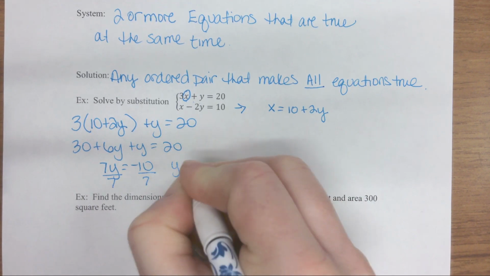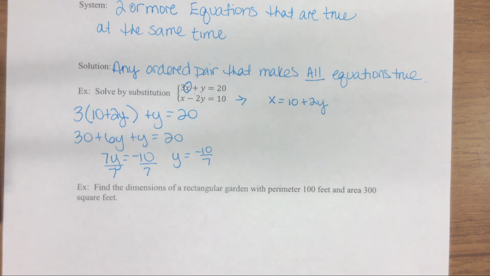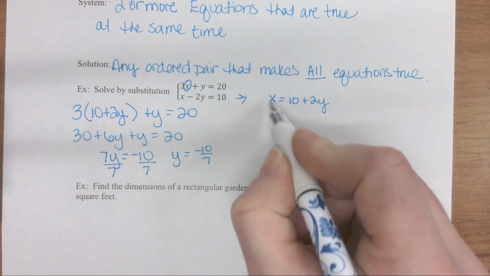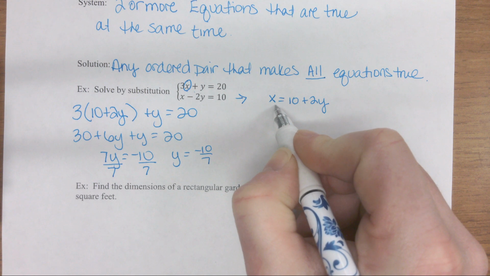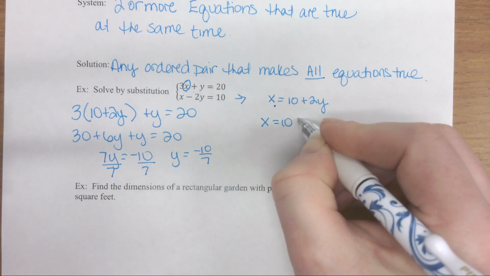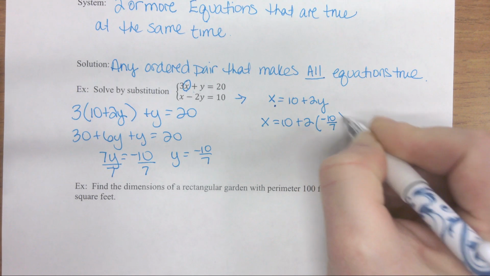y equals negative 10 sevenths. Let's just leave it like that. I'm not done yet, though. A solution has to be an ordered pair. What do I need to find? x. So I go back to my original equation that had x alone, and I just plug it in. So it's 10 plus 2 times negative 10 over 7.